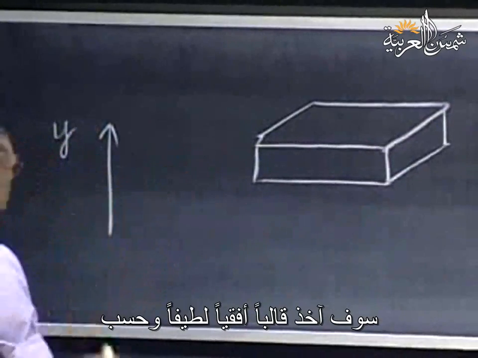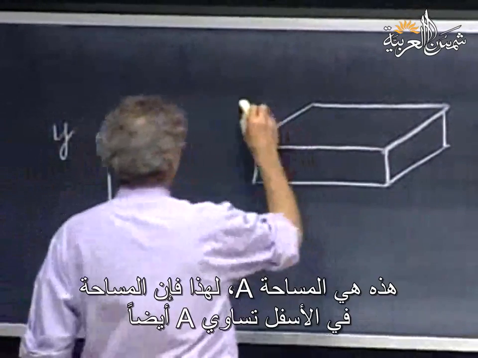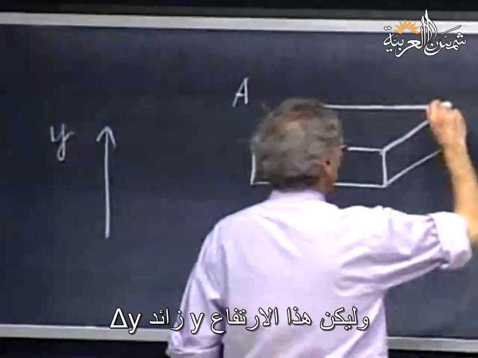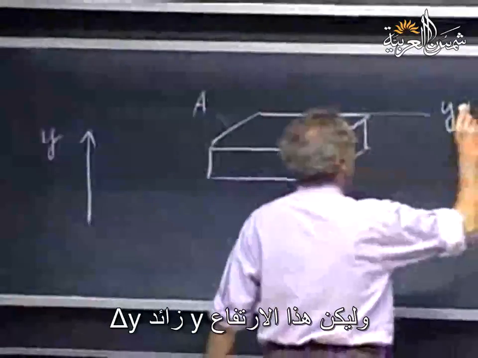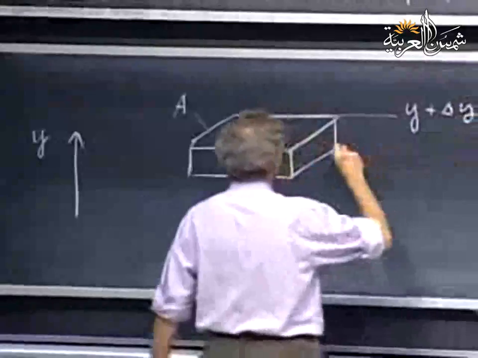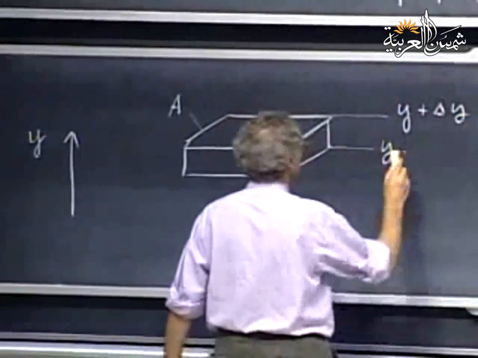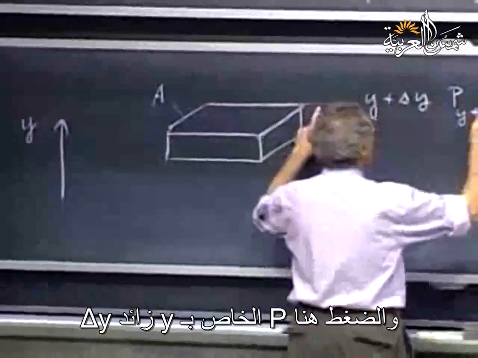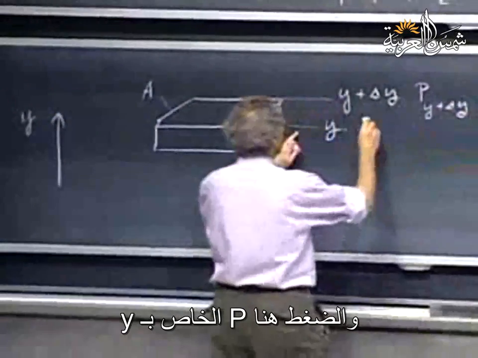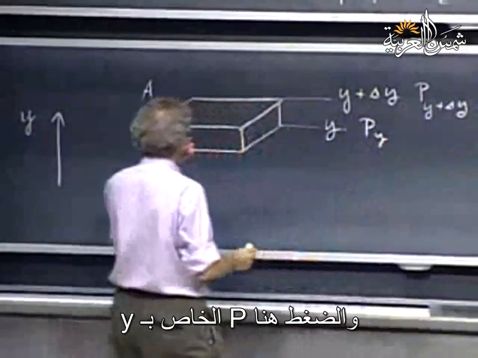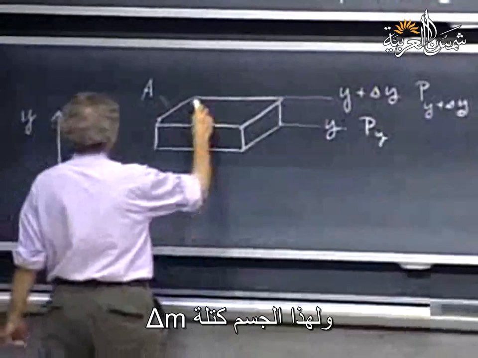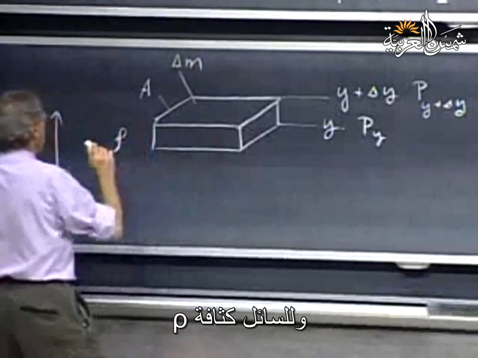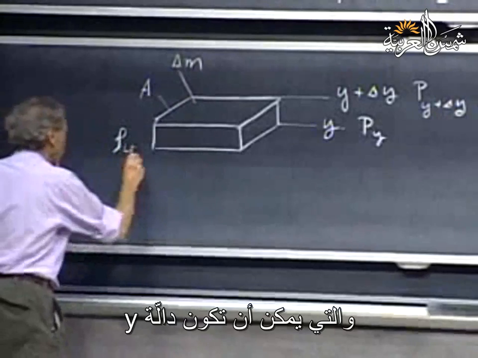I just take a nice horizontal slab, and this is area A, so the bottom is also A, and let this be at height y plus delta y, and this is at height y, and the pressure here is p of y plus delta y, and the pressure here is p of y, and this object has a mass delta m, and the liquid has a density rho, which could be a function of y.